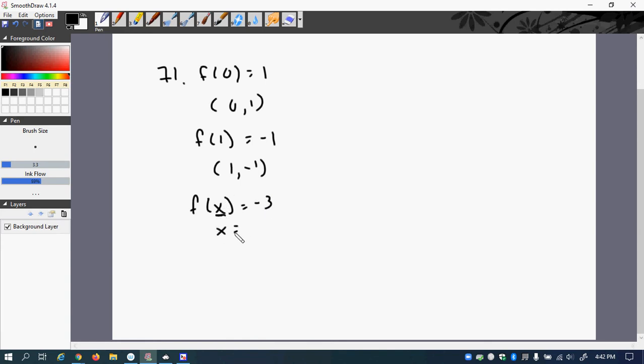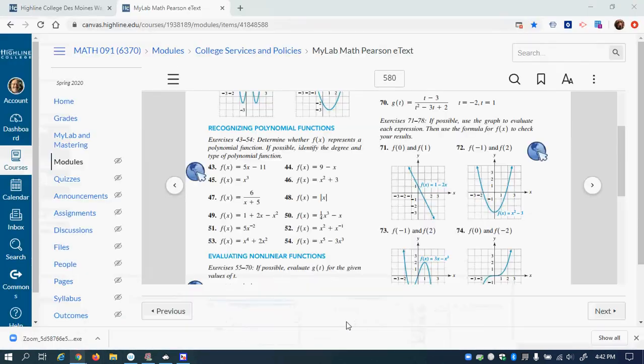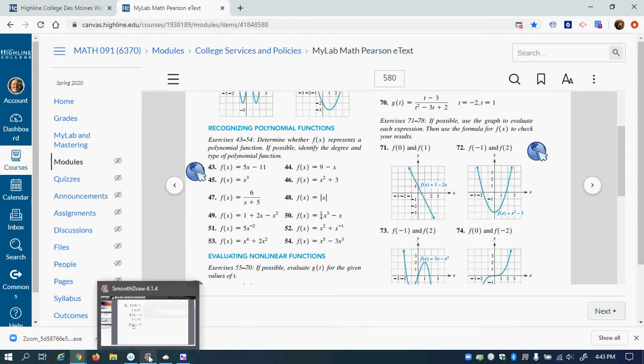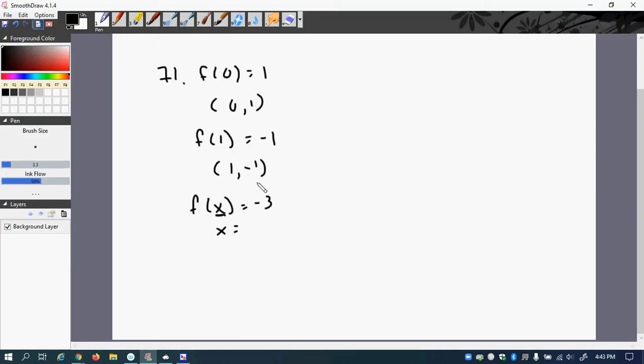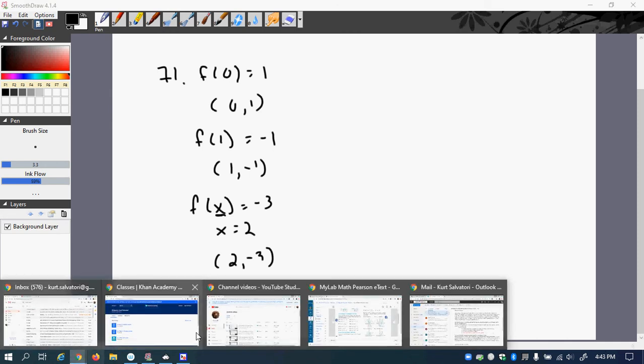So to get the x value in the graph, we'd have to go back and take a look that at negative 3, x is 2. So we're going down to negative 3, hit the curve on the right, and then we see what the x value is at that particular point. And it is 2. So we would say it's 2. And so now your coordinate point is 2 comma negative 3. So you can do that with a lot of these problems.